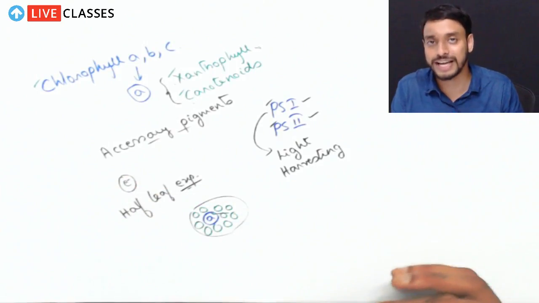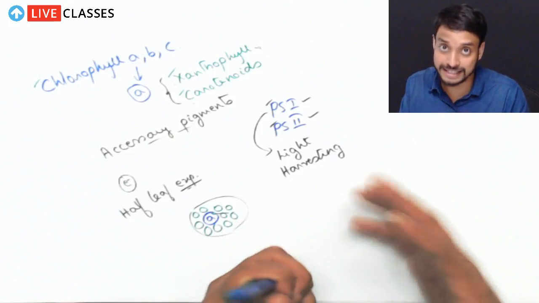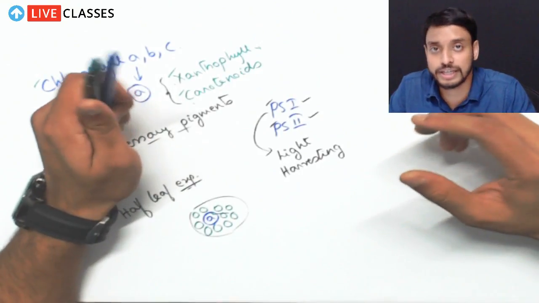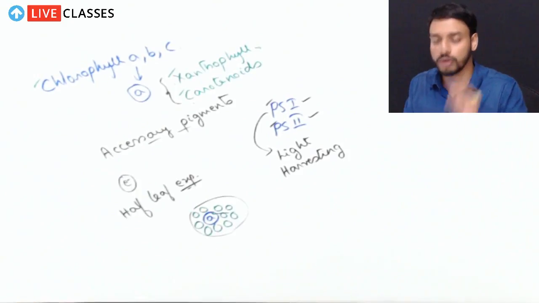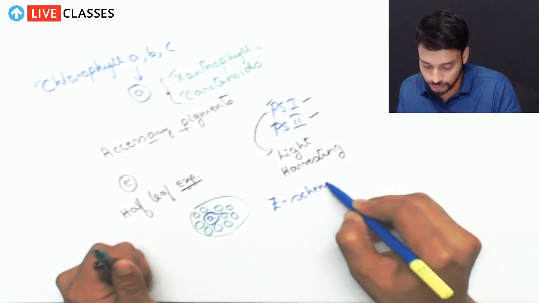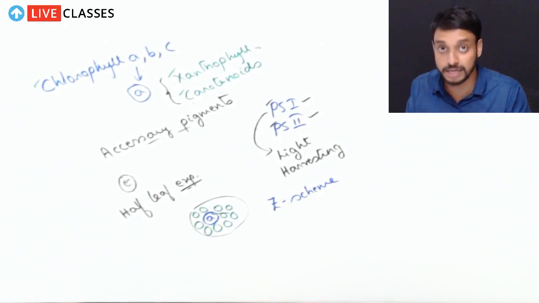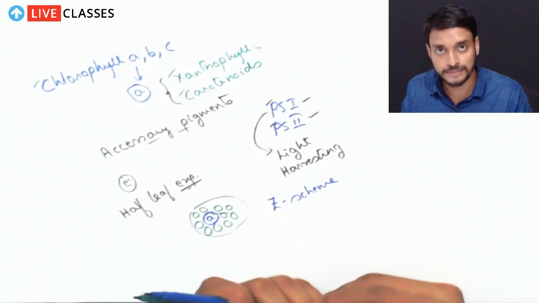Actually, it is the reaction that does not require light, hence it is known as the dark reaction. I'm sure you must have heard it in your books. We'll also talk about a very important scheme known as the Z scheme. We'll see how photosystem 1 and photosystem 2 are interconnected by the Z scheme, where the energy is produced. We are going to talk about all these in detail in our coming session.